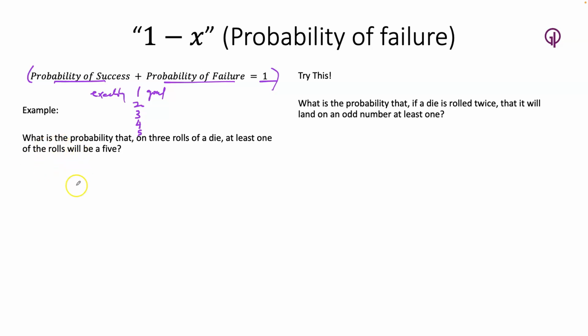Now we could list all the possible outcomes of 3 rolls of a die, and we'll have something like this: 1 1 1, 1 1 2, 1 1 3, 1 1 4, etc. It goes on and on, and then we can determine how many have at least 1 five.